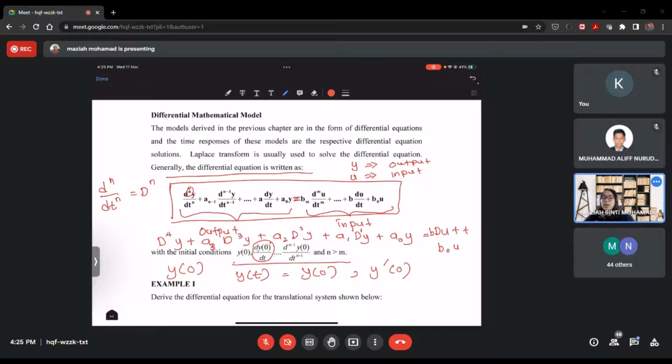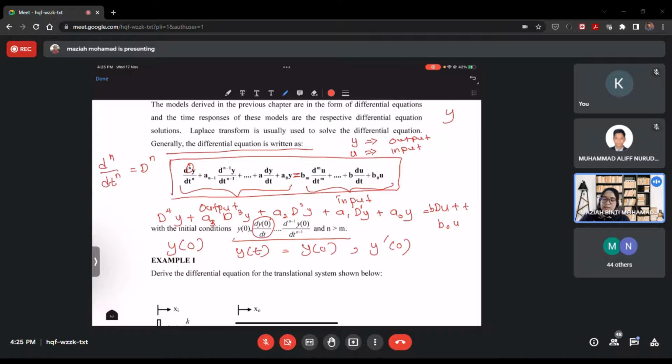Sometimes we use the D operator, sometimes we use y prime, or y dot, y double dot. Double dot is the second differentiation, and single dot is the first differentiation.